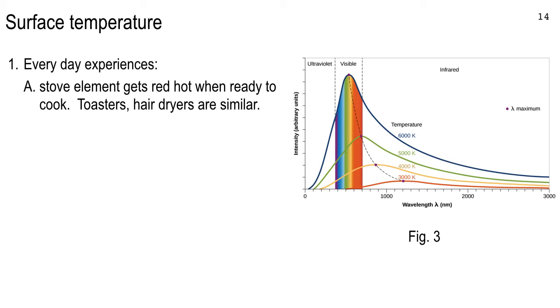Now, this one's a little bit different. This figure 3 here, and we'll look at a bigger version of it in a few minutes, I'll just magnify it for you. It shows the relative brightness at all kinds of different wavelengths. Now, it doesn't go all the way down to 0, but it goes to very small wavelengths here. And that's ultraviolet. Go ahead and make a note. Ultraviolet is short wavelength.